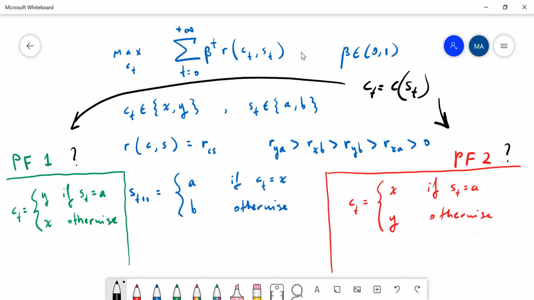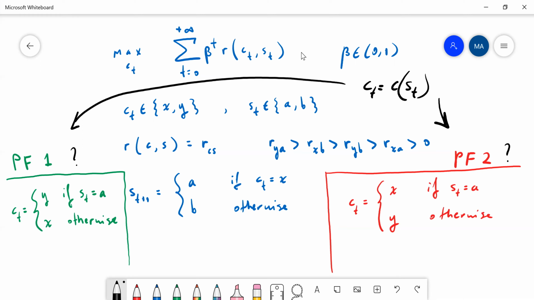Now, of course, the question is how to solve this problem. It is not differentiable, so the first order condition and the envelope condition are not well defined. You cannot take derivatives, so there must be another way to attack this problem.